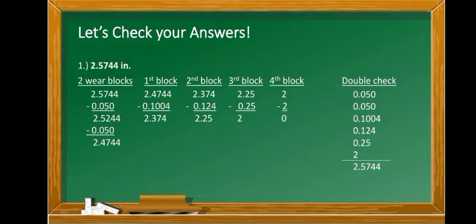Now, 2.25 minus the third selected block, which is the 0.25, is equals to 2. Then, 2 minus, na pili nato sa fourth and last selected block, 2, the number. So, 2 minus 2 is equal to 0.